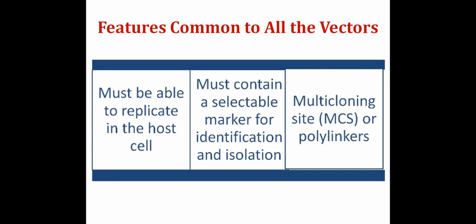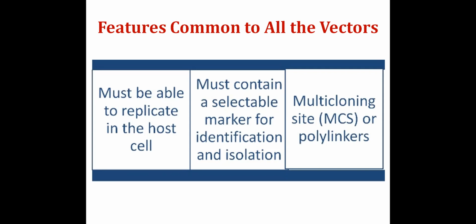But it must have some features that make it a suitable vehicle or carrier. There are different types of vectors like plasmid vectors, bacteriophage vectors, artificial chromosomes, cosmid vectors, and phasmid vectors. We will discuss the types of vectors later in this class.